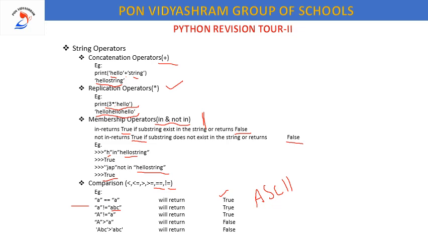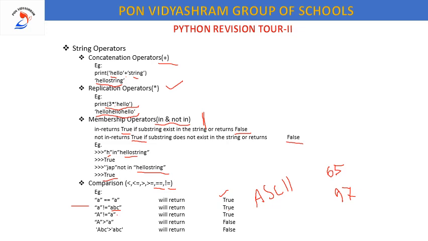The next one, capital A equal to small a. Capital A and small a have different values. Capital A has the ASCII value 65, and small a has the ASCII value 97. So when I say it is not equal, it returns true as a value.